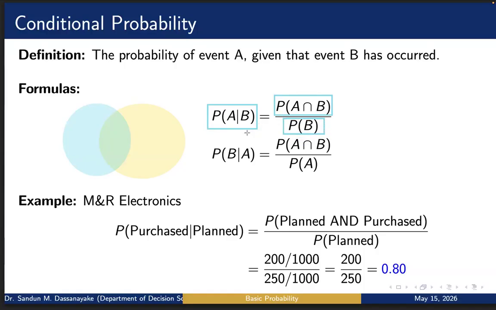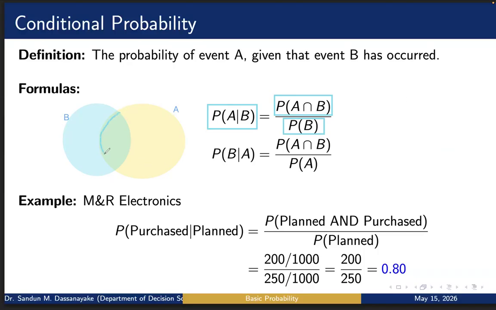When you look at this, I told you that the blue color one is B, and the yellow color one is A. So P(A intersection B) means simply this part.